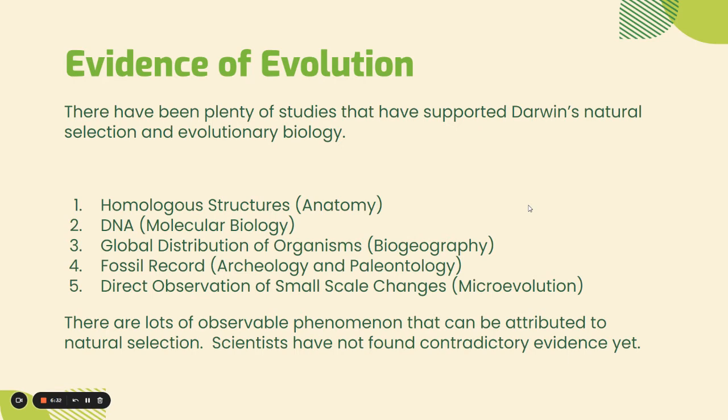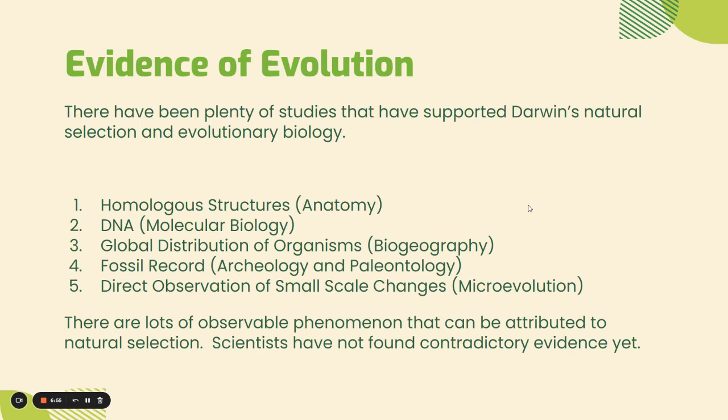There's also a lot of DNA evidence that supports this. So now that molecular biology is a thing, we have a lot of DNA evidence showing that DNA is actually really similar between most living things. And just as you get more and more complex, there's more and more added to it, but the basic mechanisms of life are the same, whether you're a simple single-celled organism or a human.